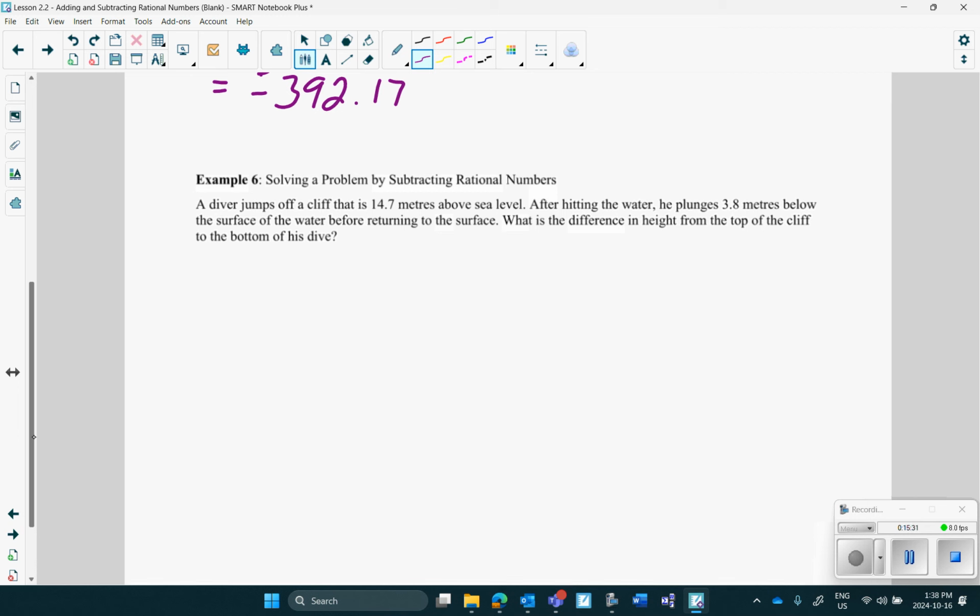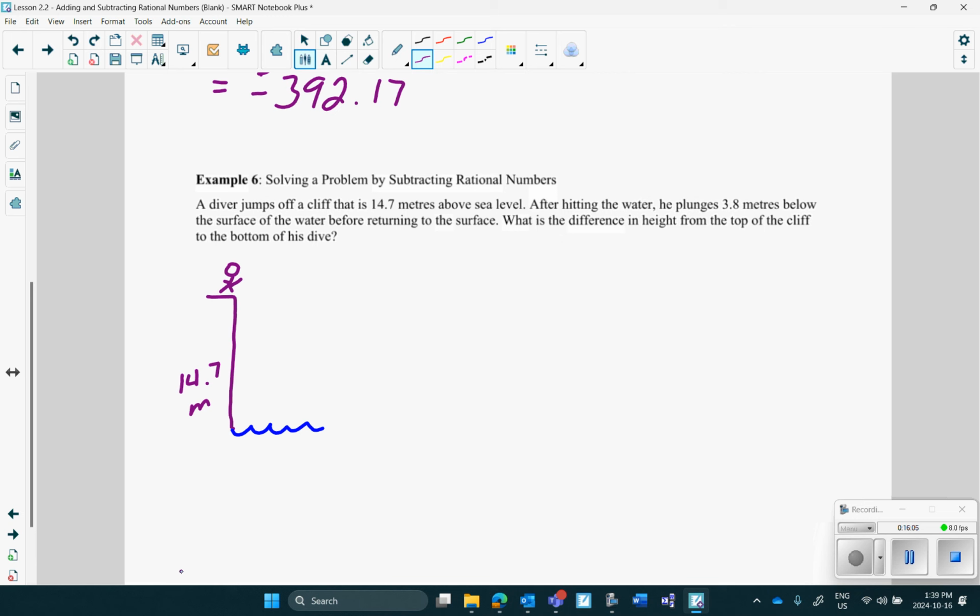This is an interesting one. We've got a diagram. I gotta draw a little diagram. Best I can draw for now. So he's on a cliff, 14.7 meters above sea level.